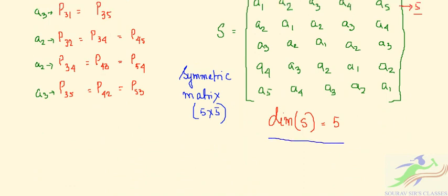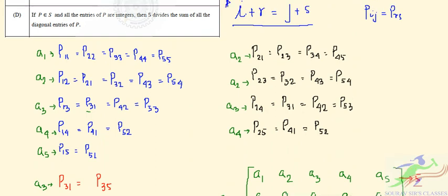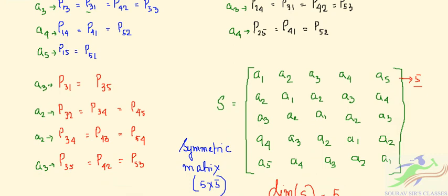And what is the last option? If P belongs to S and all the entries of P are integers, then 5 divides the sum of all the diagonal entries of P, right? So let us check with the S matrix. Let us check what is the sum of the diagonals.